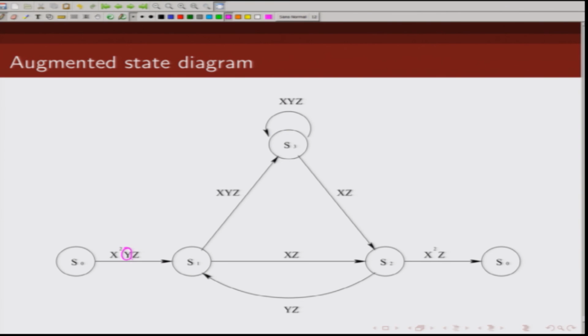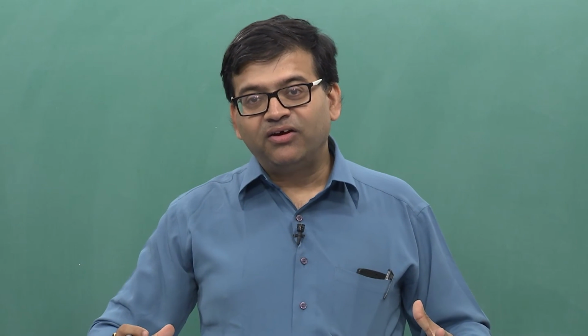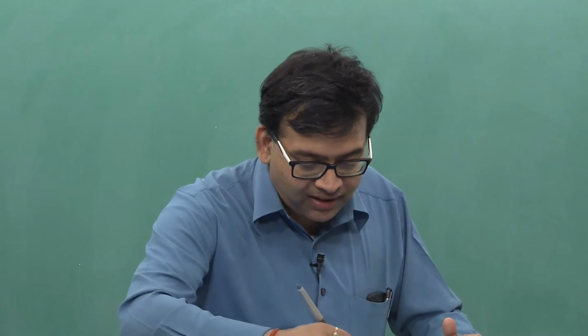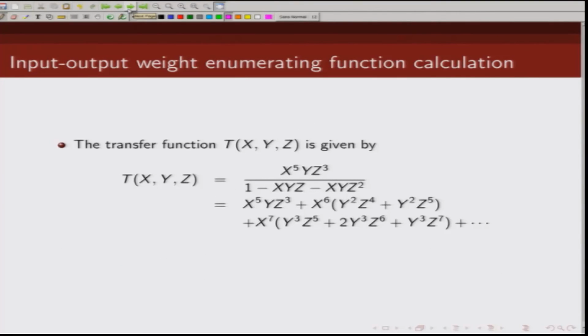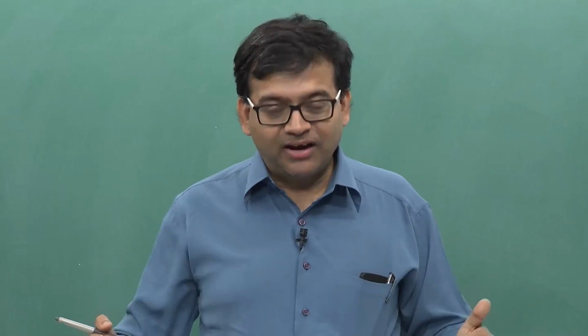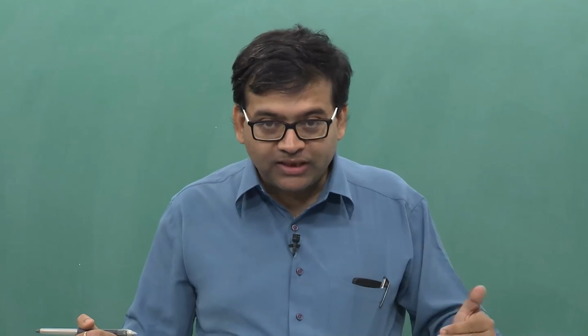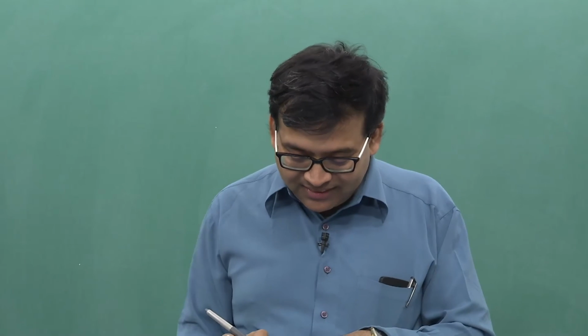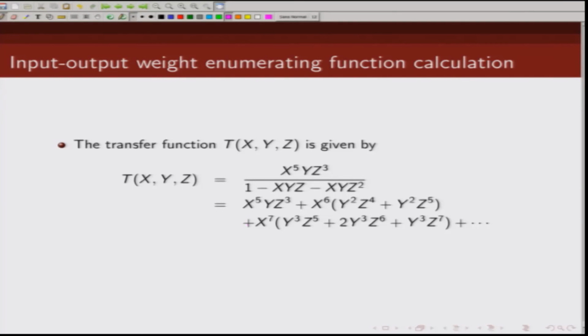And I follow the same procedure using Mason's gain formula to compute the weight enumerating function. So, I get this information. I am skipping the steps, it is exactly the same procedure I just laid out for computing the weight enumerating function, and you can see it gives us a lot more information.